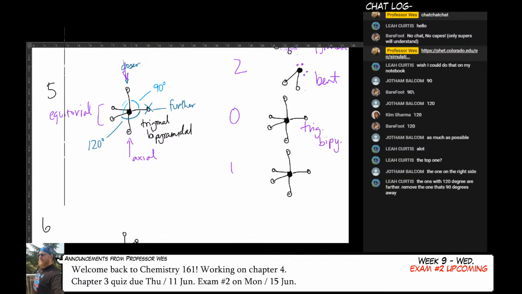The top and bottom ones are called axial, because they kind of go along the axis of rotation. And we're going to remove the equatorial ones first, just because the bond angle is bigger, so there's more space for when I put these electrons in here, for those electrons to be.